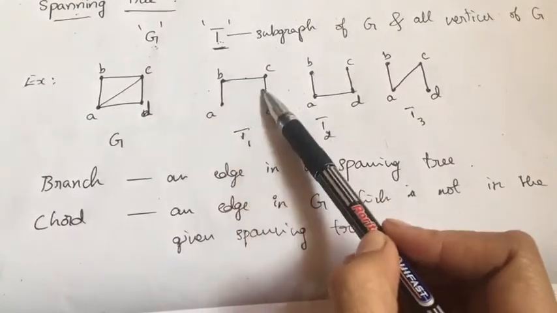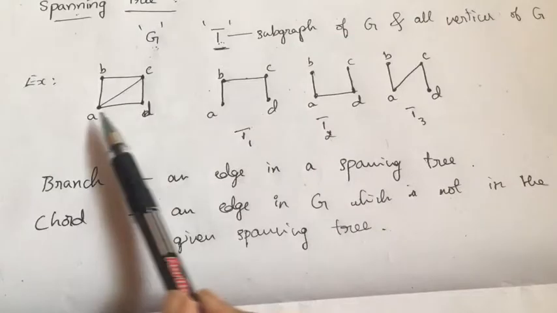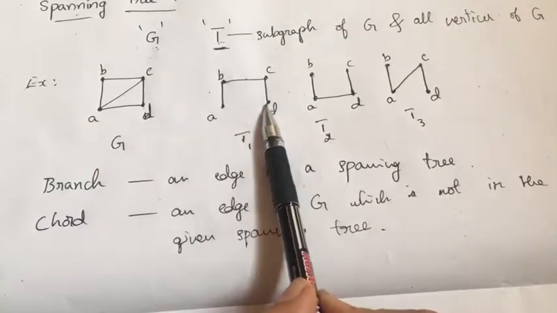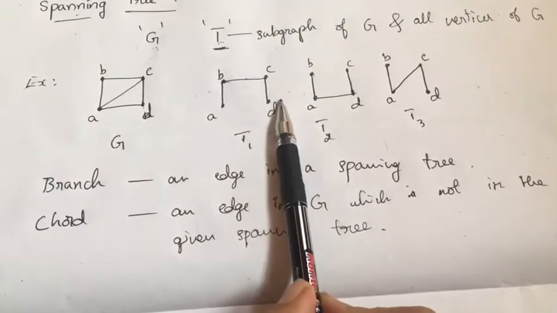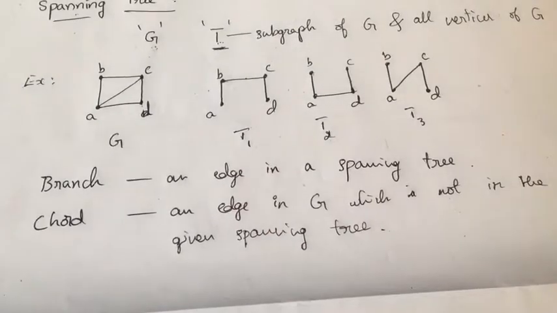Branch means an edge in a spanning tree. An edge in G which is not in this given spanning tree is called a chord.